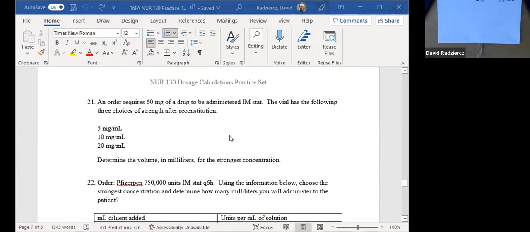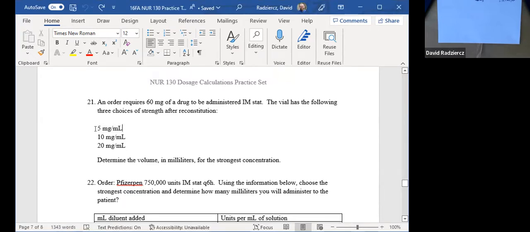all right, so for 21, basically you're looking at a label. The label says there are 3 potential concentrations, strengths available. The order is 60 milligrams, and it tells you to choose the strongest concentration. So in order to determine the strongest concentration, we need to look at our 3 options.